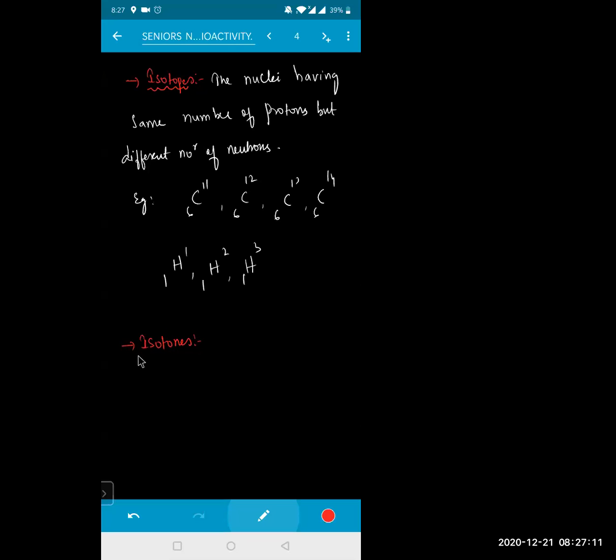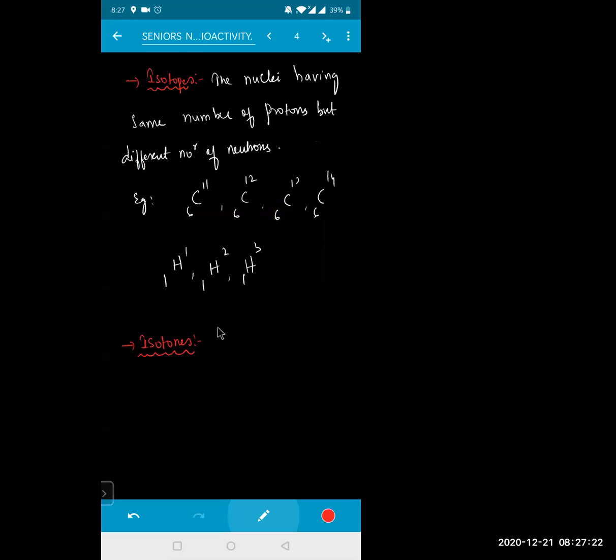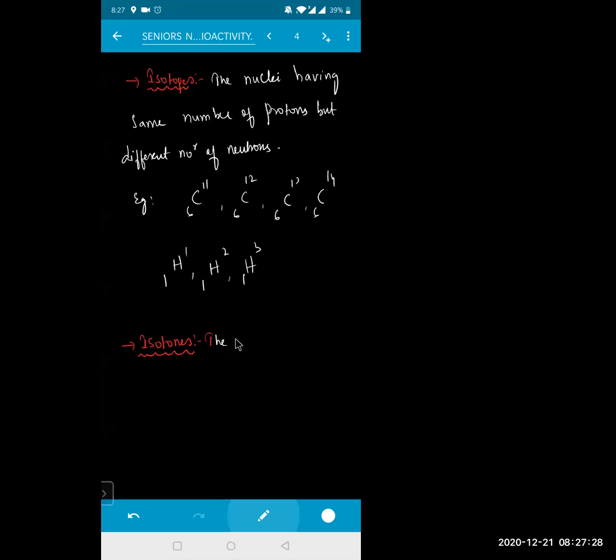The next one is isotones. Isotones means nuclei having the same number of neutrons but a different number of protons.